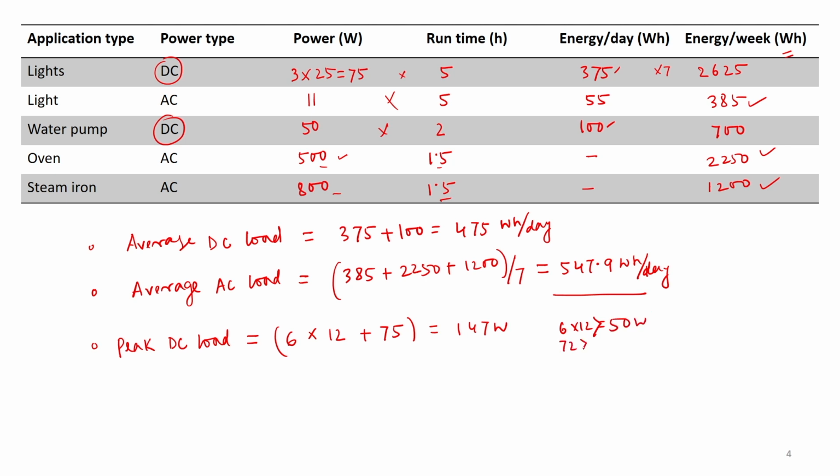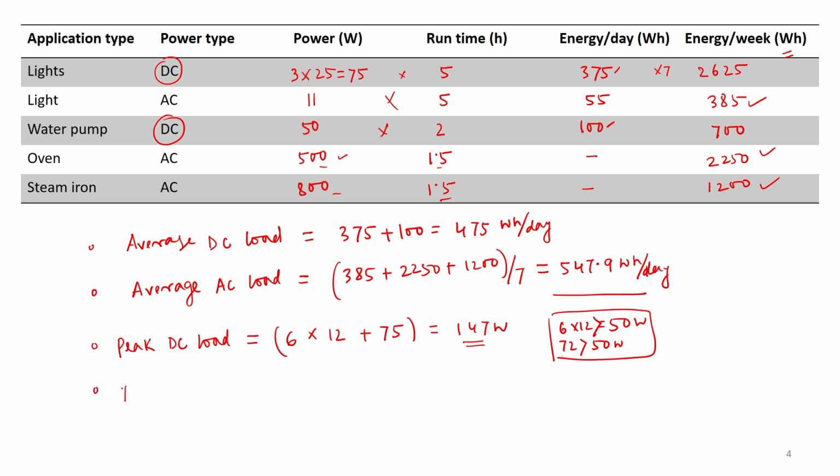The 50 watt was the specification, but during starting it will draw more current, so that has to be accounted for. Adding the 75 watt of lights, we can find the peak DC load, which is found to be 147 watt.